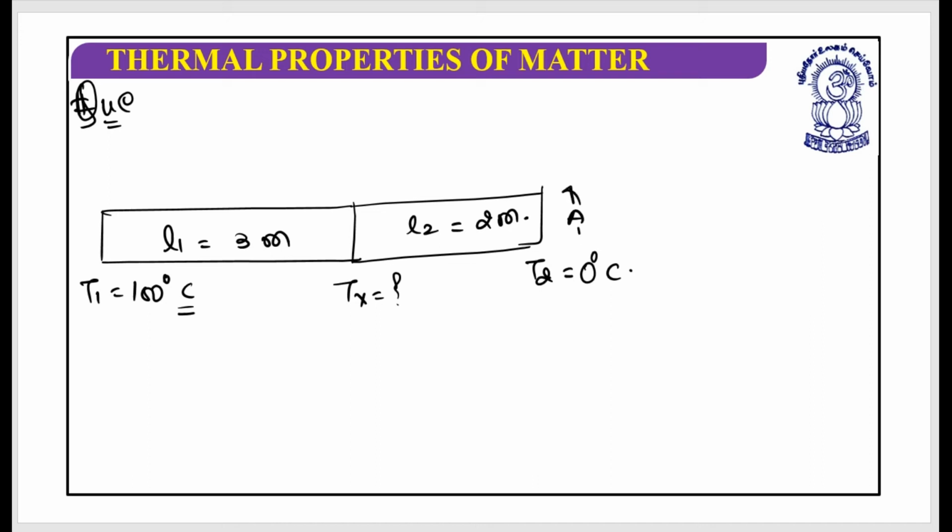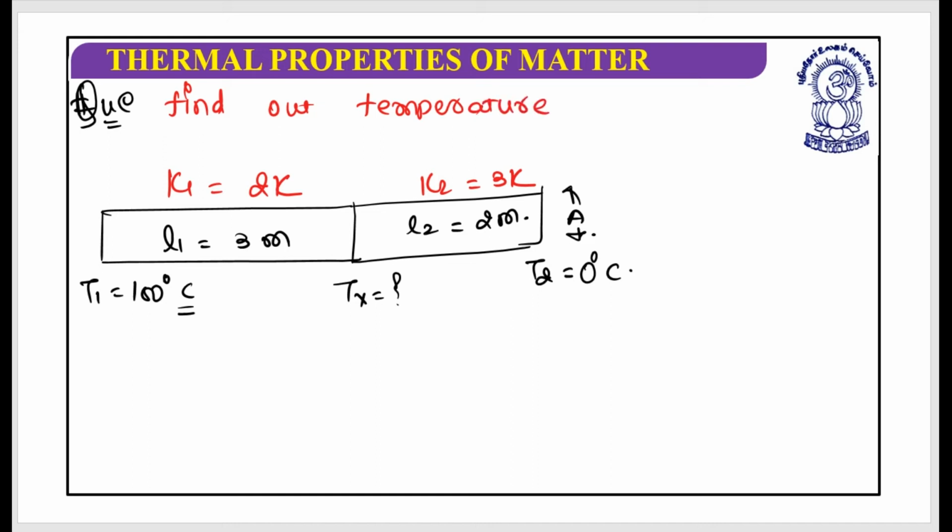The cross-sectional area is not given, but it is A. The conductivity of this one is 2K, and the conductivity of this one is 3K. They want us to find out the temperature Tx at the junction in steady state.